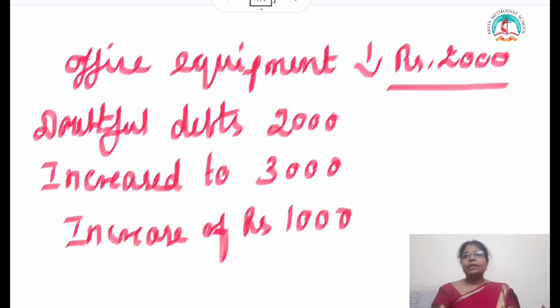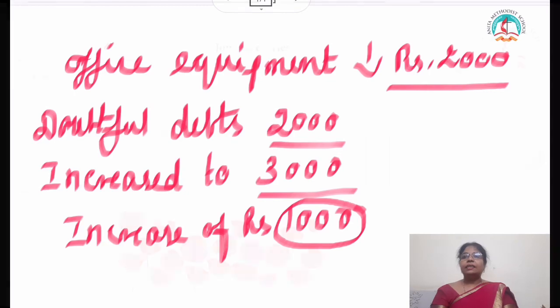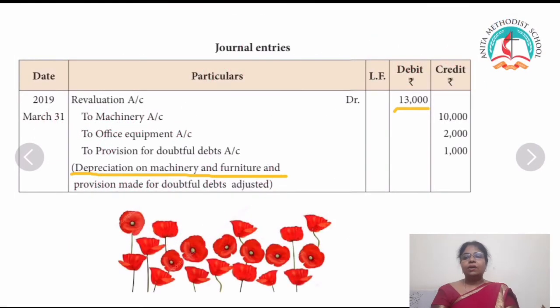Now it has been increased to 3,000. So there is an increase in the value of a liability. So revaluation account debit to provision for doubtful debts 1,000 rupees. So the total of revaluation comes to 13,000. Depreciation on machinery and furniture and provision made for doubtful debts adjusted.